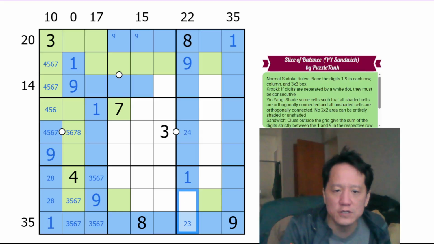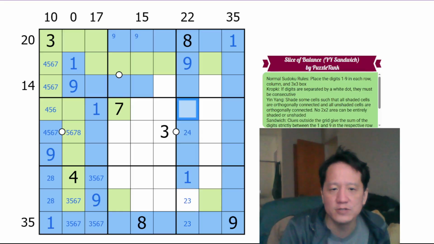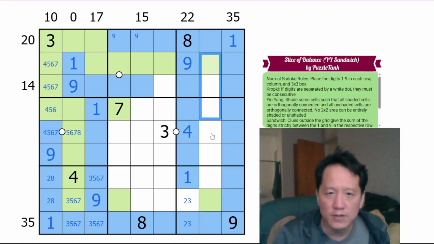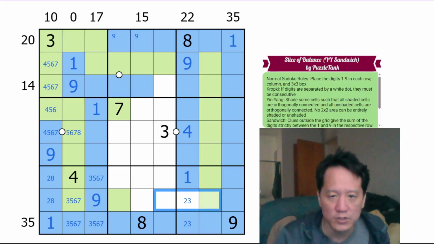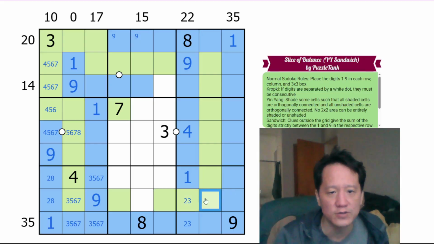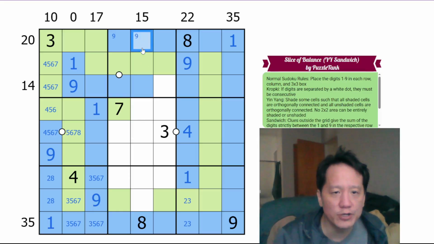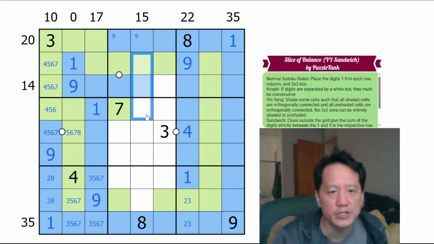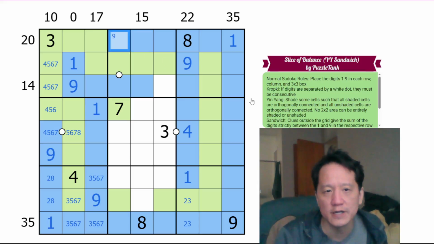So this is 2 and 3 as a pair, which eliminates 2 and 3 in the rest of the column. This can't be 2. This is 4. The green has to connect as a region, so that has to go there and exit out this way. Okay. So if 9 were here, this would have to all be shaded for 2 cells, but this can't, so this cannot be 9 here, which means this is 9 here.